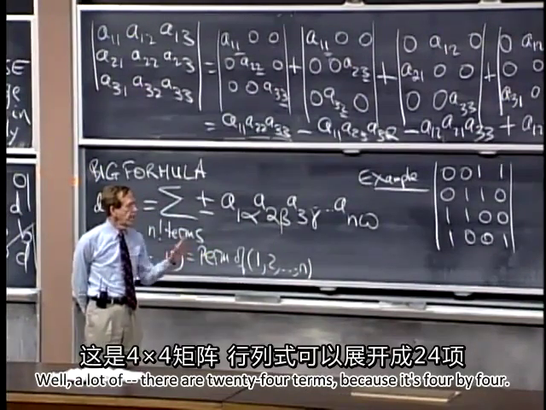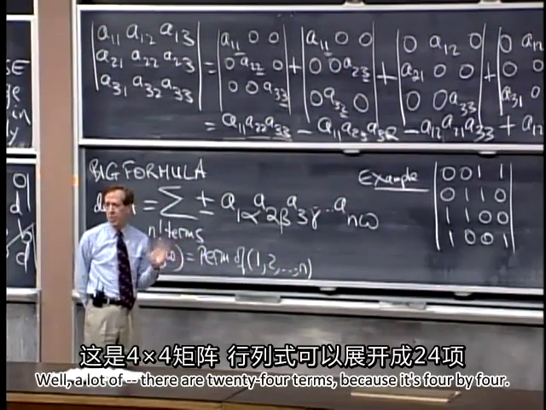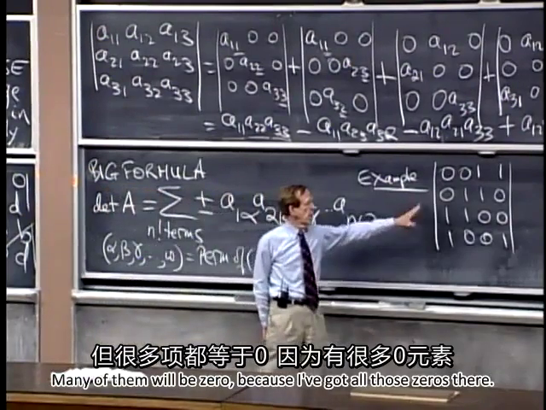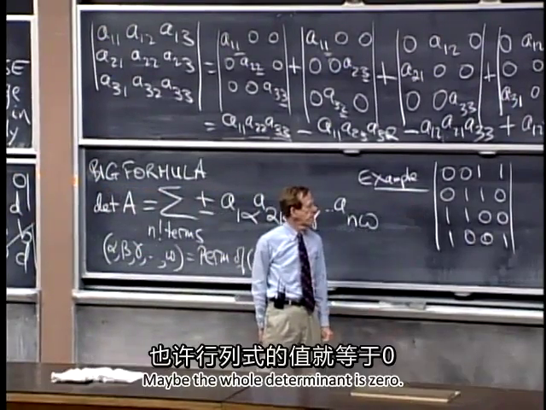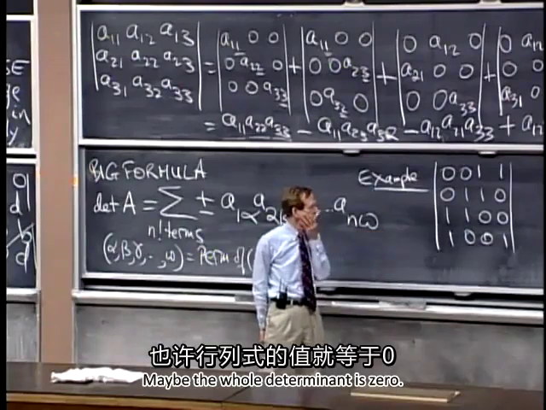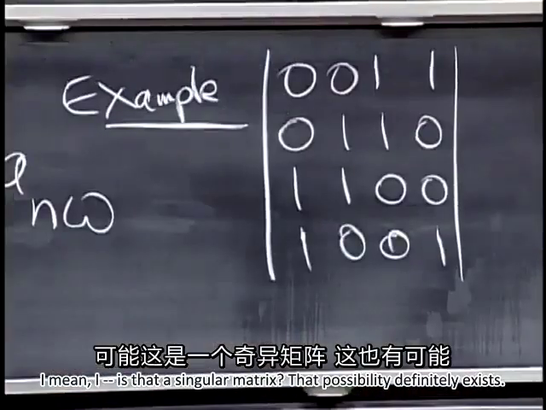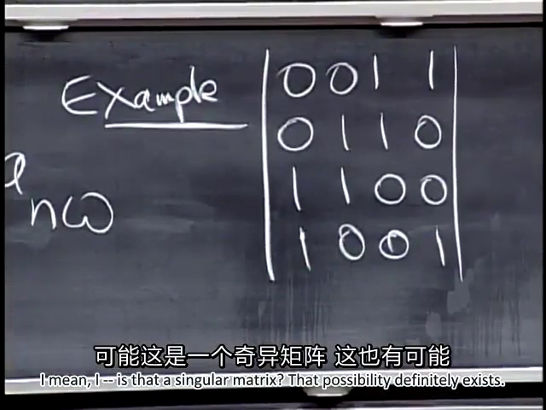Well, there are 24 terms, because it's 4 by 4. Many of them will be 0, because I've got all those zeros there. Maybe the whole determinant is 0. I mean, is that a singular matrix? That possibility definitely exists.